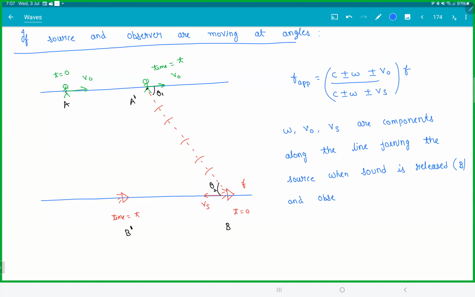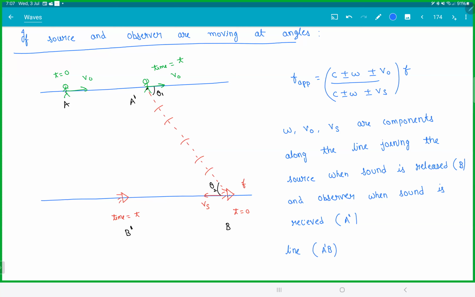So the observer's position is important when he is receiving the sound. That is A dash. So we are talking about the line A dash B. So all components must be taken along the line A dash B. It's not AB. So your initial position of the observer is useless. Your final position of the source is useless.